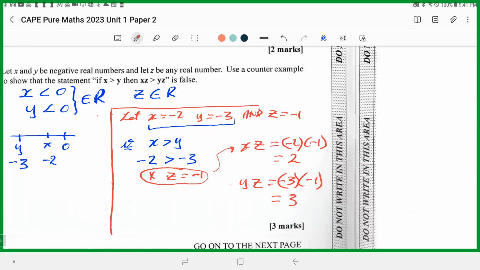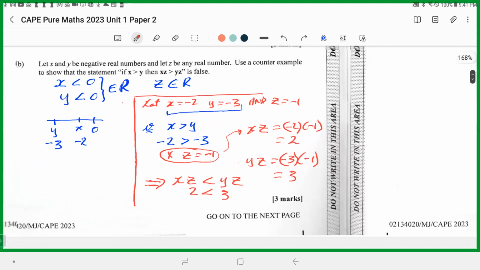That implies that xz is actually less than yz. That is, 2 is less than 3. Therefore, by counterexample, that statement is not true.